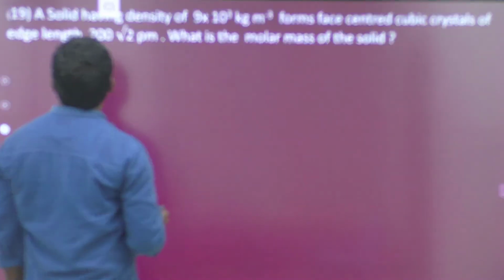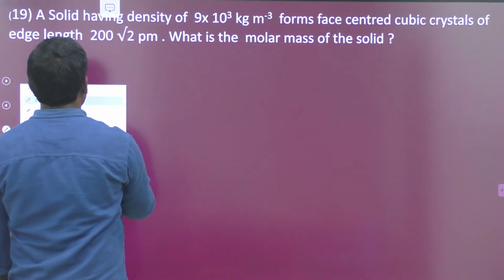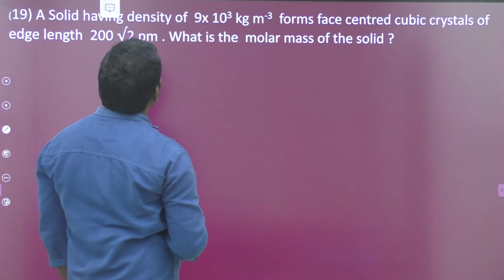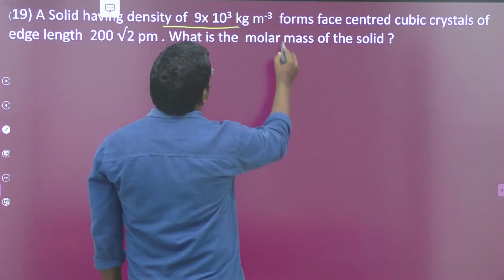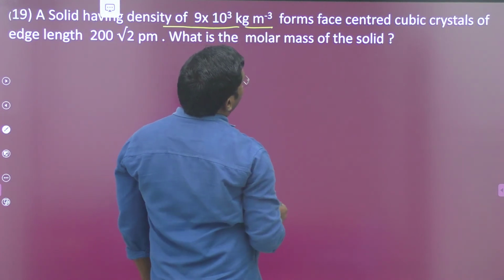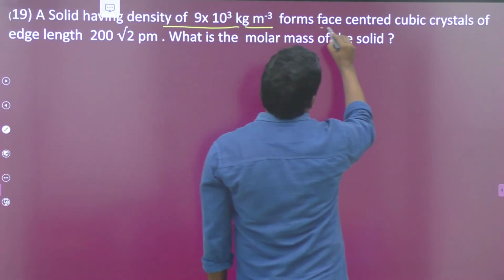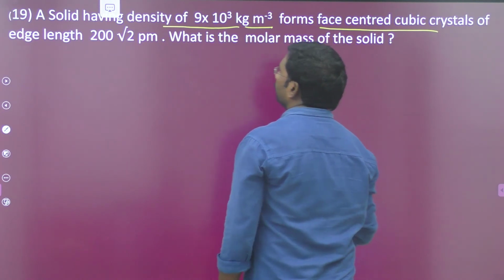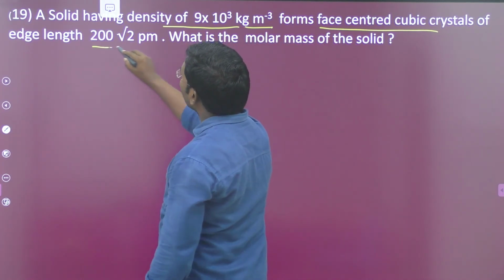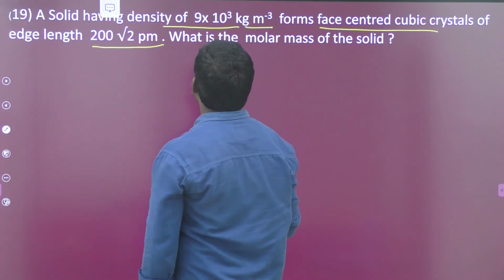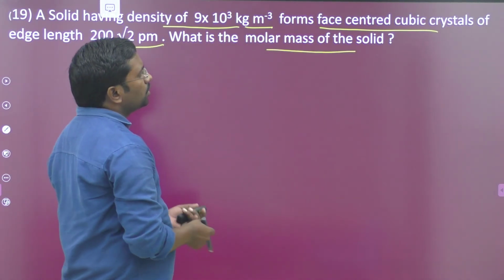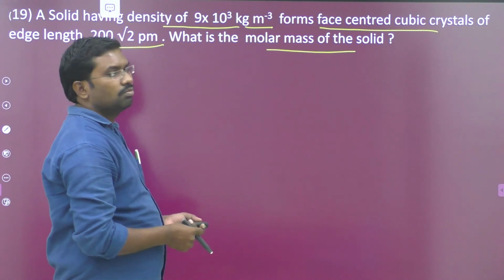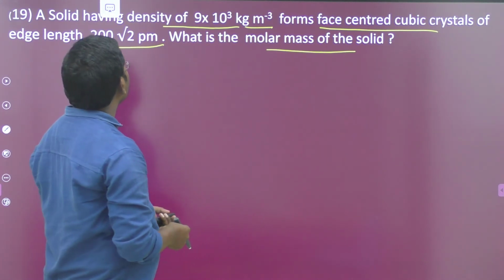And next question is, a solid having density of 9 into 10 cube kilogram meter cube inverse forms a face centered cubic crystal of edge length A equal to 200 into root 2 picometer. What is the molar mass of this solid? In this problem we have to calculate the molar mass of the given solid.